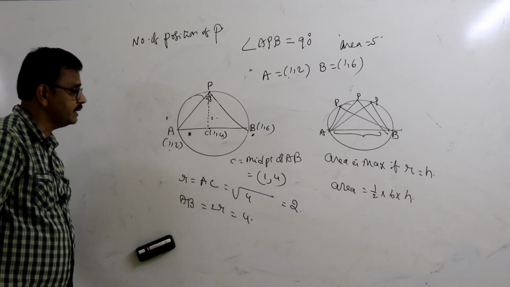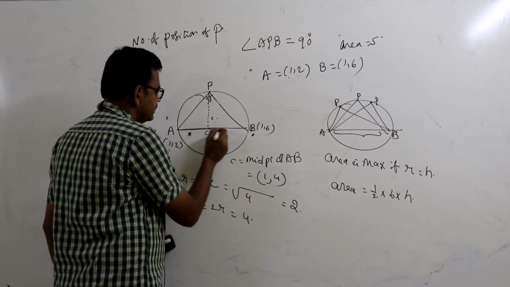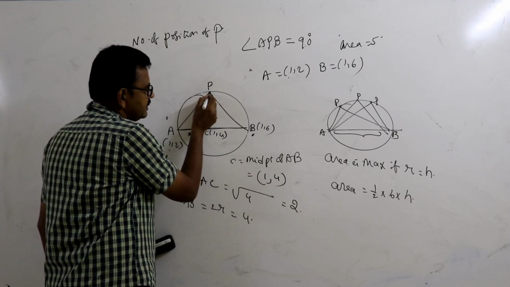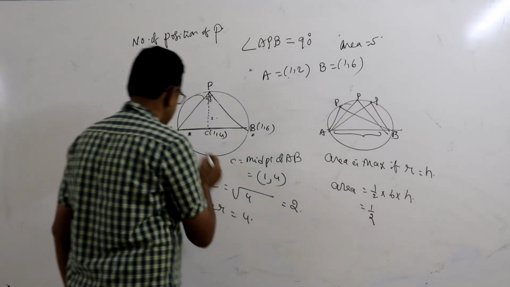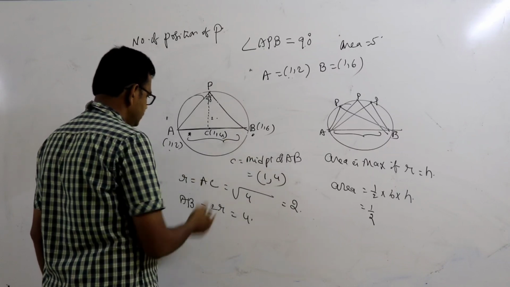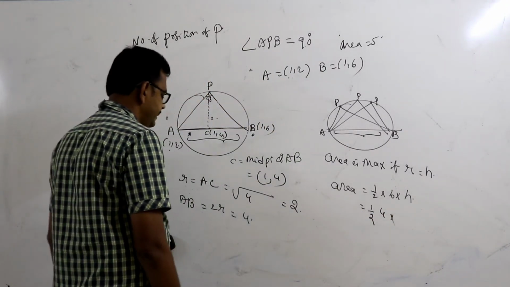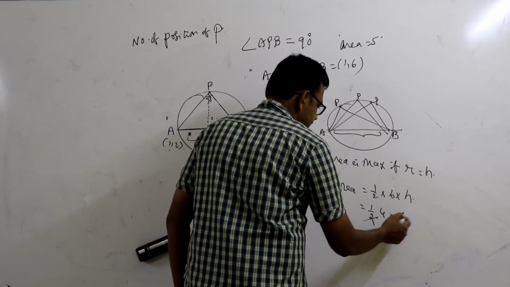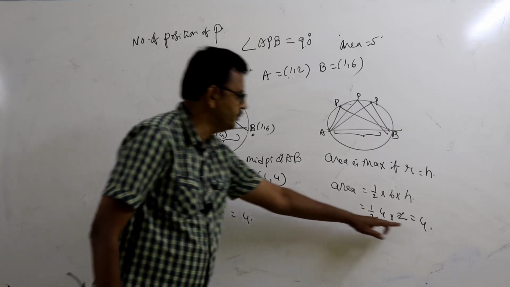Area is maximum, so base is fixed always. Therefore half into base, the base is 4, and height is 2. So these two get cancelled, that is 4. So maximum area is 4.